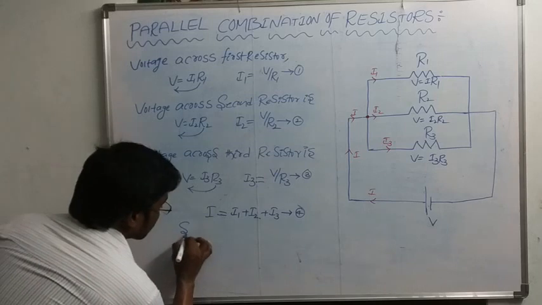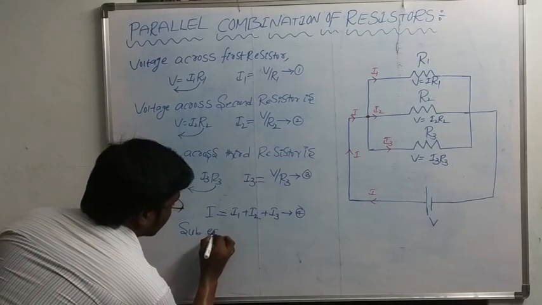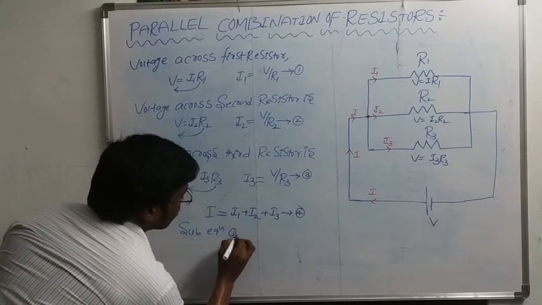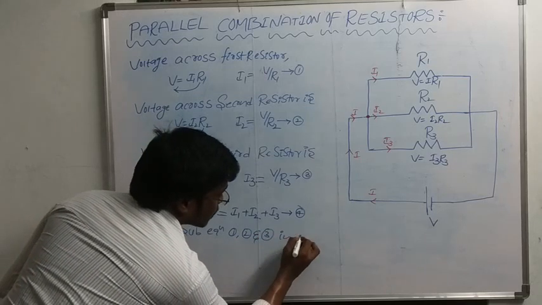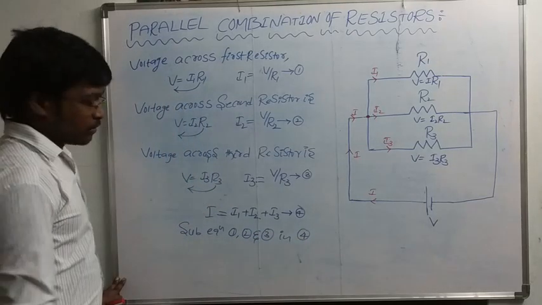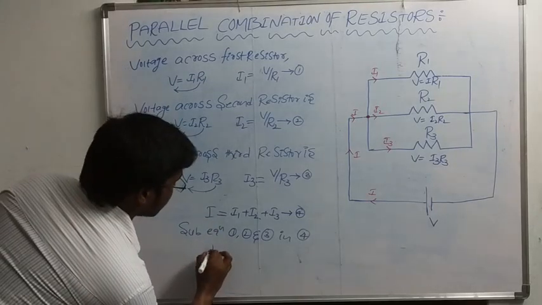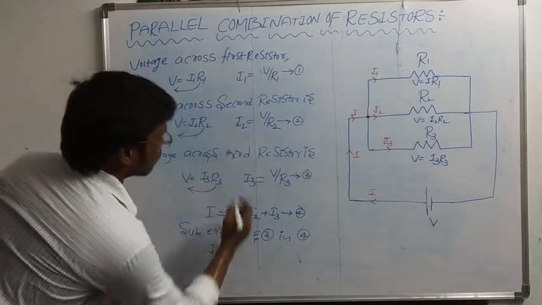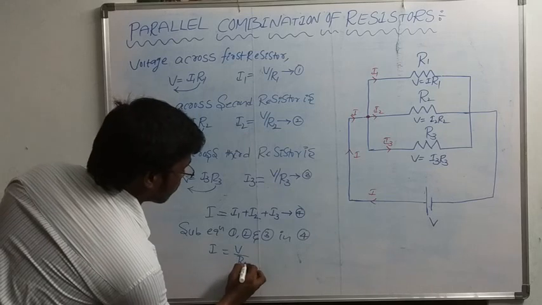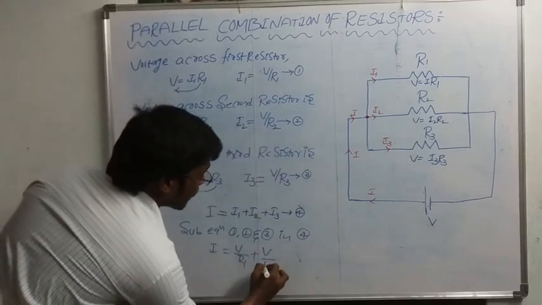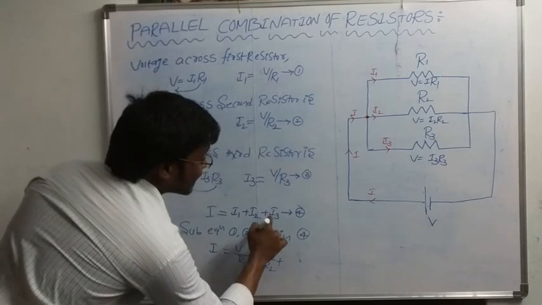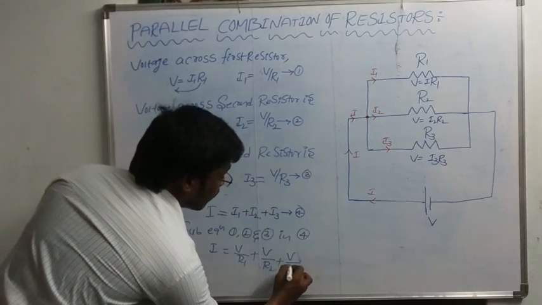Substitute equations 1, 2 and 3 in equation 4. So I is equal to the I1 value V by R1 plus the I2 value V by R2 plus the I3 value V by R3.